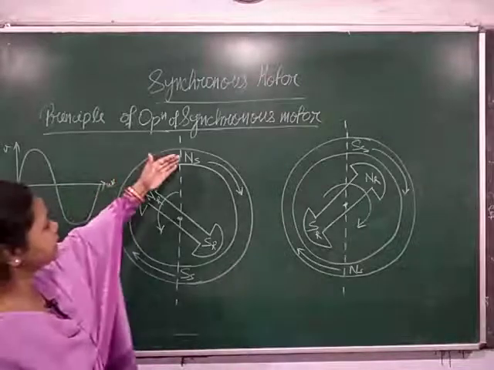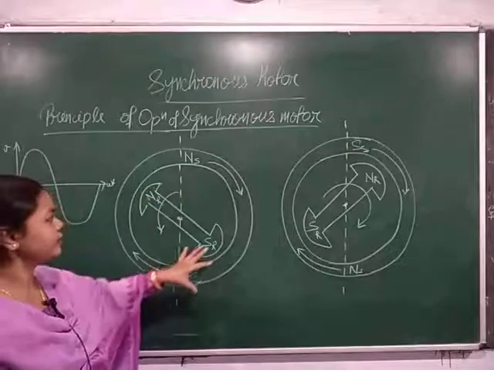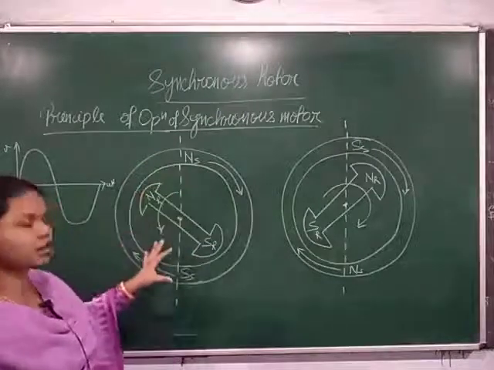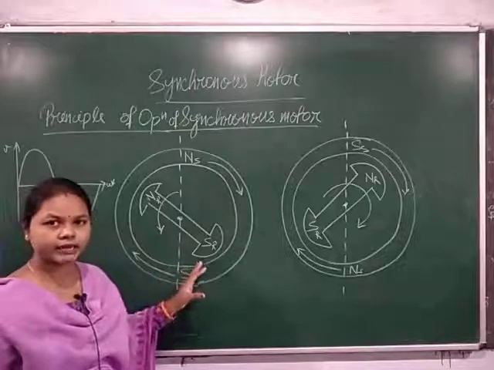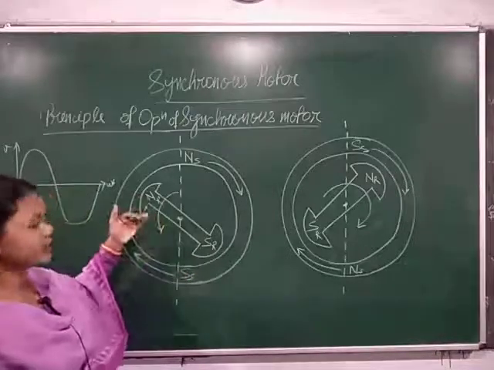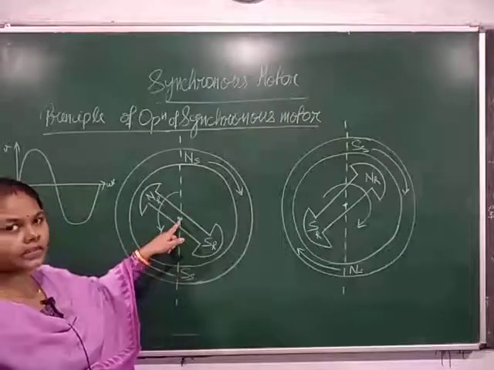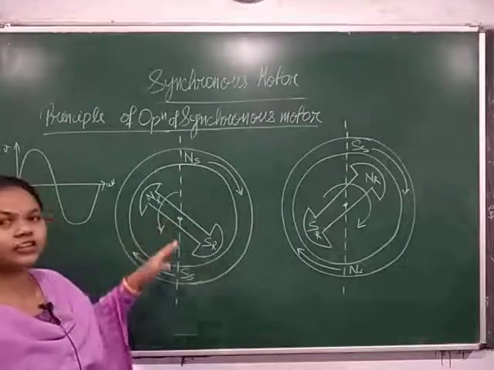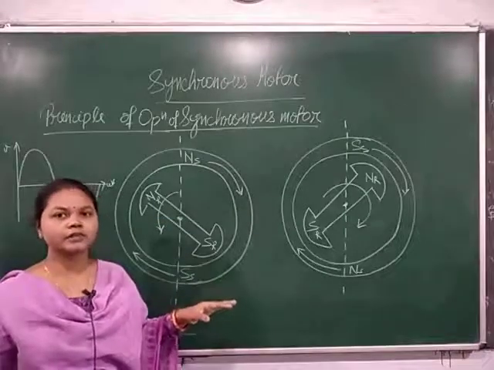So poles are created in the stator winding. Here, let this type of synchronous motor be of salient pole type, and I take two poles on the rotor. In a synchronous machine, the number of rotor poles is the same as the number of stator poles.